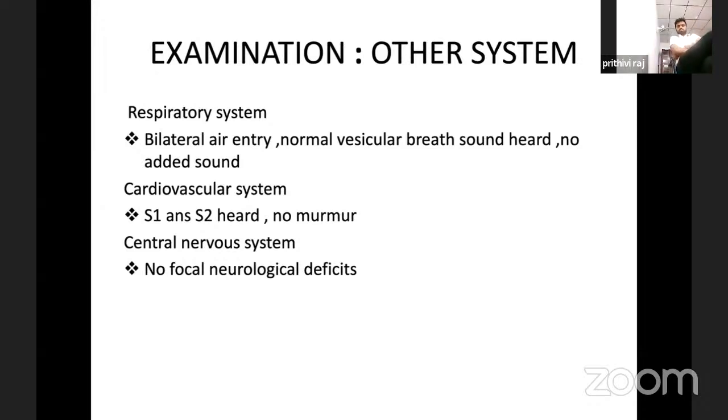Got it? And one more reason: we are losing some amount of proteins, globulins, kind of vitamin D binding globulins. That leads to hypocalcemia. That is also one of the causes of seizures. So these are the things for seizure.